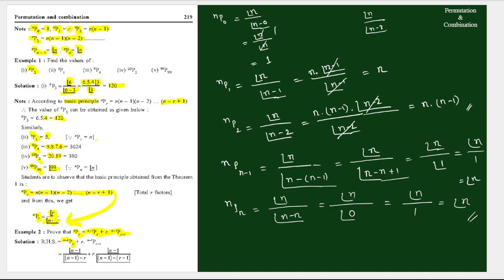So using this formula, factorial of n minus 1 over factorial of n minus 1 minus r, n minus 1 within bracket minus r, इसका factorial. ठीक है. Then next we have got what? Plus r into factorial of n minus 1 over, नीचे में क्या है? n minus 1 minus r minus 1, factorial of n minus 1 minus r minus 1.